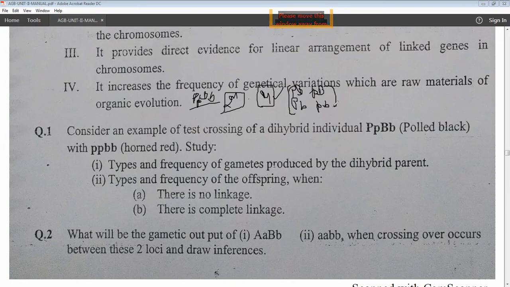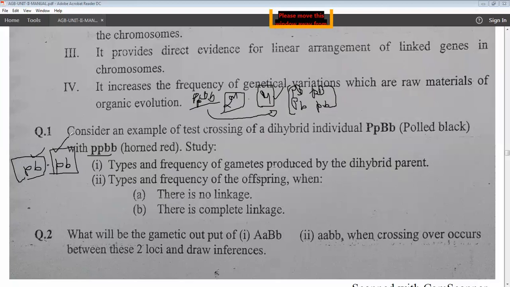Okay, this is from this parent, and from the other parent we have only small p small b, because they are all recessive in the homozygous condition.